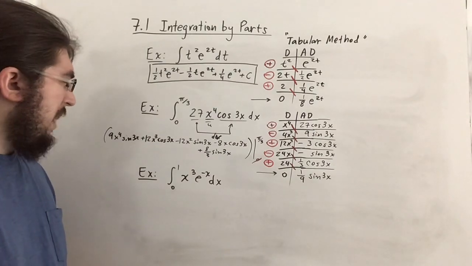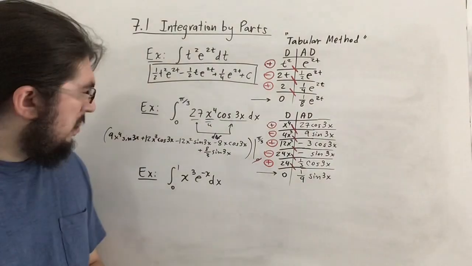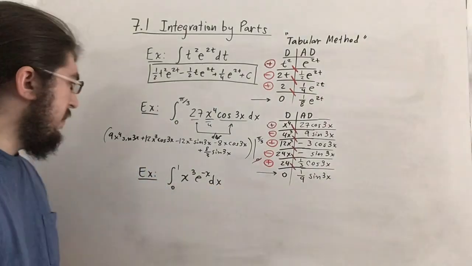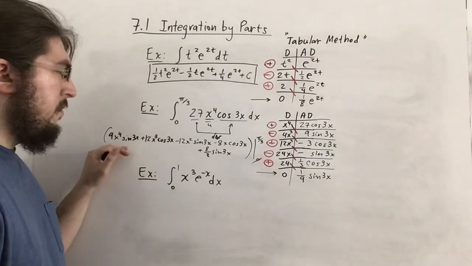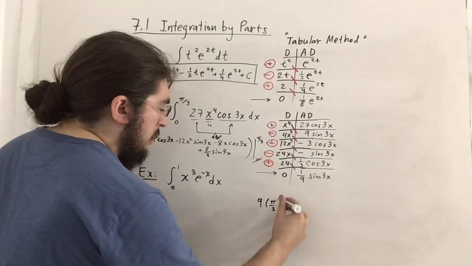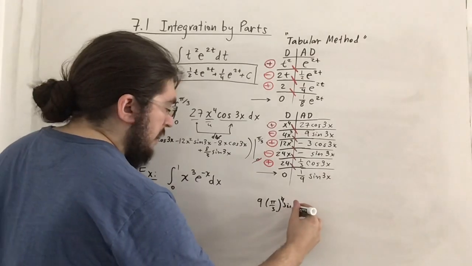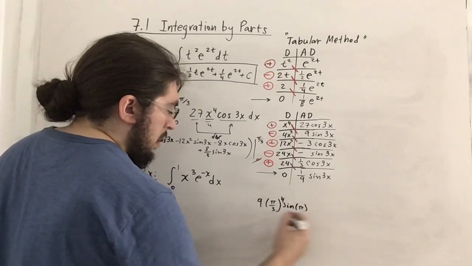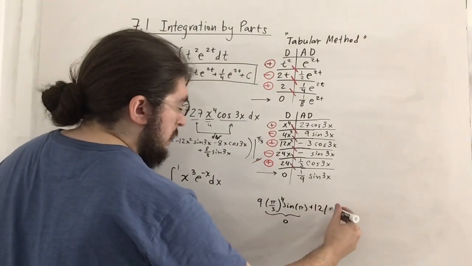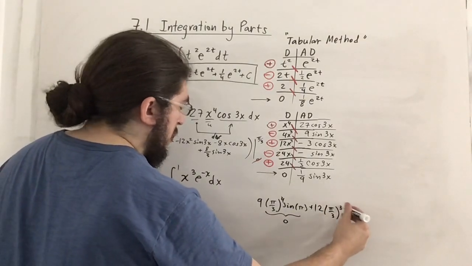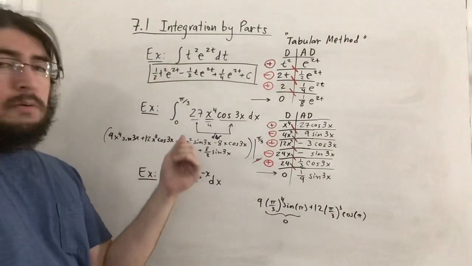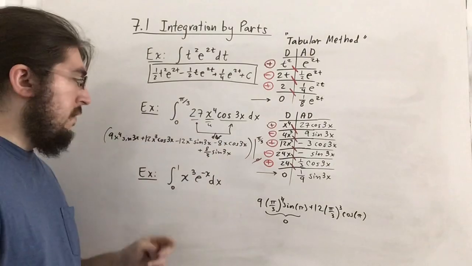So maybe I can write that out real quick. I don't know if I can write it in this space below, but I'll write it over here and just erase it after. So when we plug in pi over 3 here, we're going to get 9 times pi over 3 to the fourth, but then we have this times sine of pi, so that's 0, plus 12 times pi over 3 to the third, times cosine of pi, because again, 3x is equal to pi when x is equal to pi over 3.